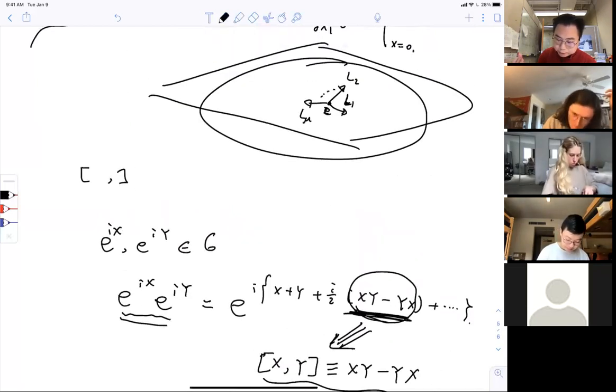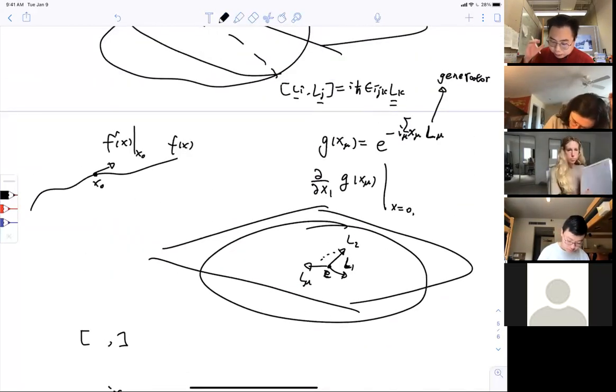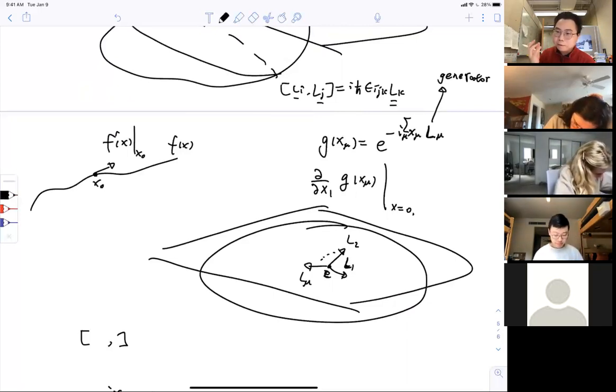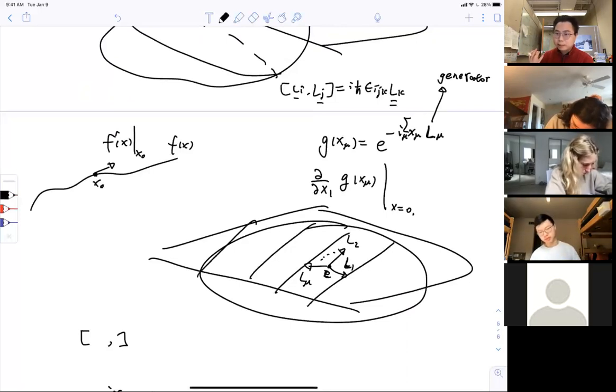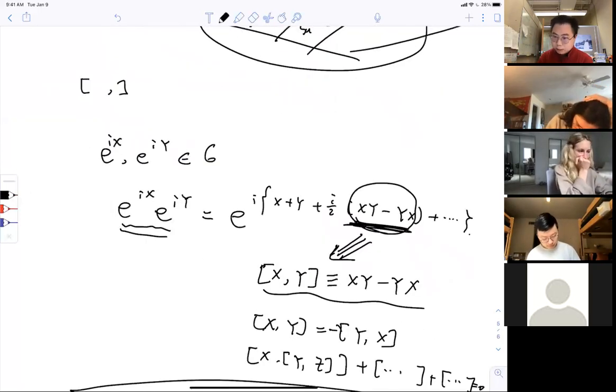So you can say the fact that the Lie group is a manifold will give us the vector space. And the fact that the Lie group has a group structure will give us a Lie bracket. So combine those two together, we get a Lie algebra.